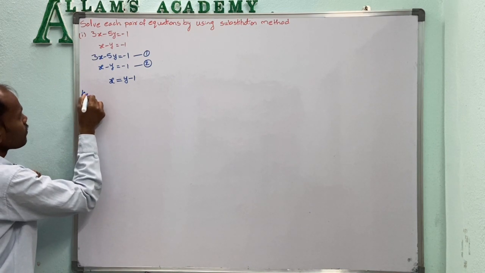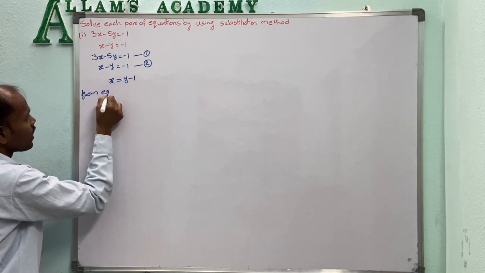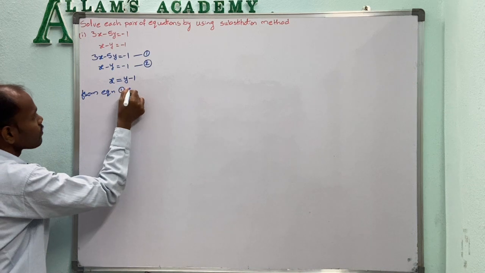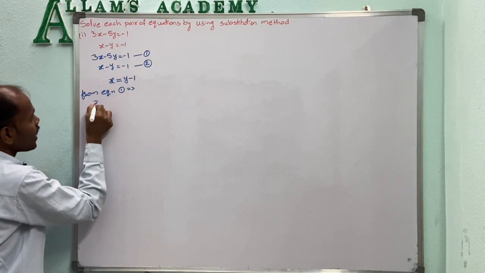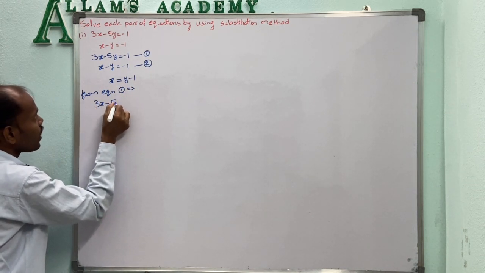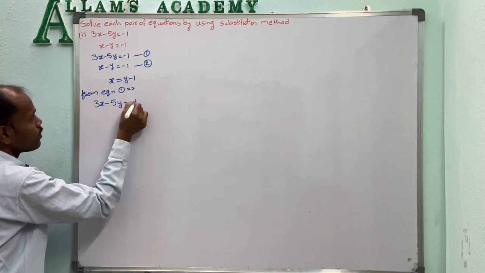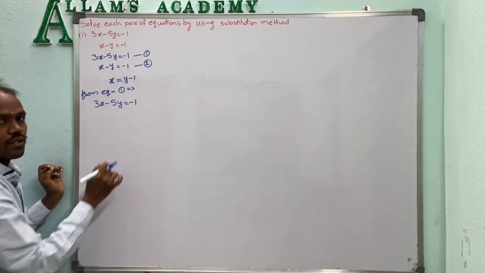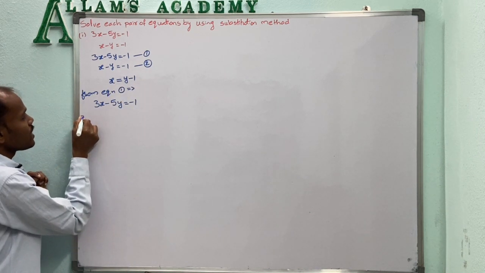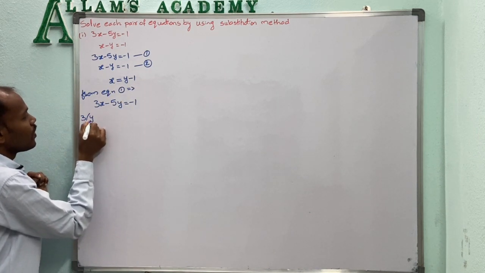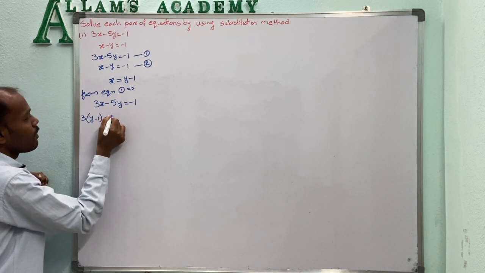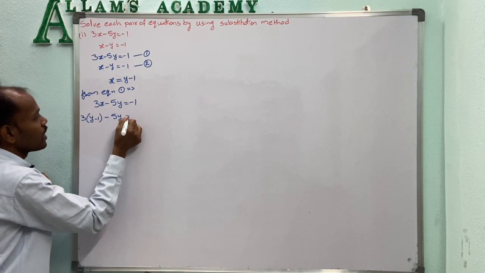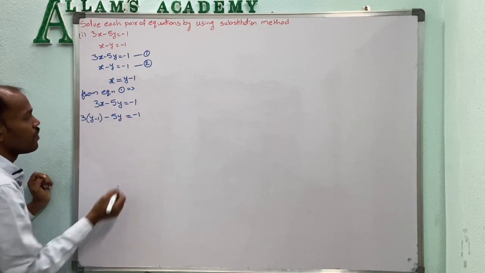From equation 1, 3x minus 5y equal to minus 1. In the place of x, I am substituting y minus 1: 3 into (y minus 1) minus 5y equal to minus 1.